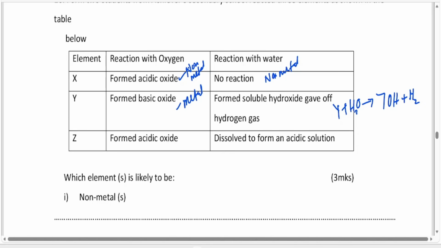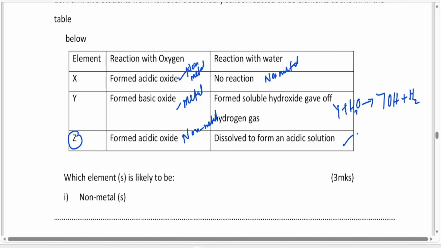Z formed an acidic oxide. This is for a non-metal because non-metals form acidic oxides. Dissolved to form an acidic solution again. It must be a soluble gas, because we are dealing with the element.